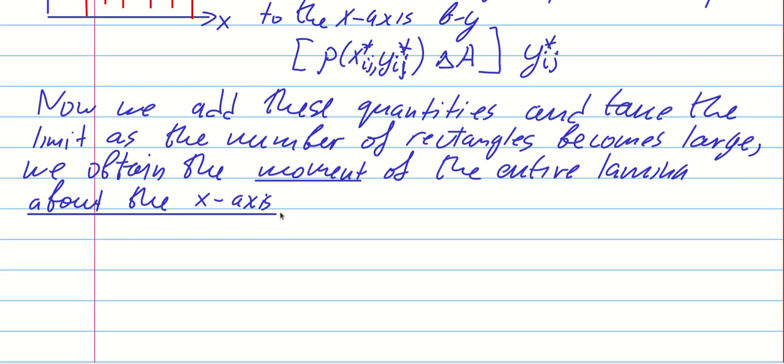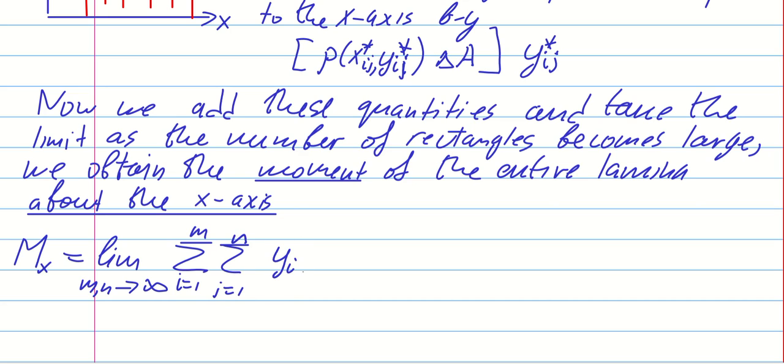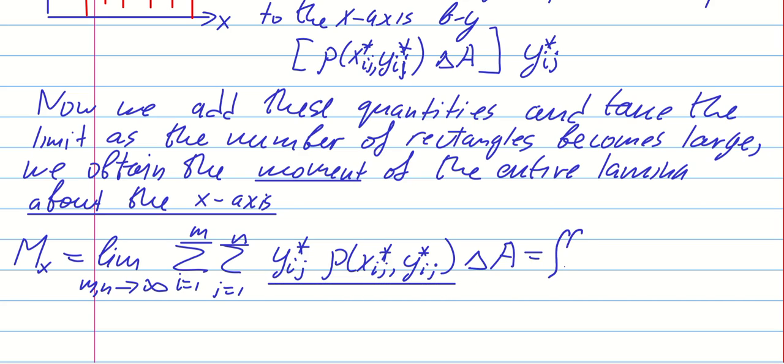So the moment about the x-axis is the limit as m and n go to infinity, so the number of subdivisions, meaning the rectangles get smaller and smaller, of the double sum as i goes from 1 through m and j goes from 1 through n of y sub i j star times rho of x sub i j star, y sub i j star times delta A. But basically this is just the definition of our double integral: the double integral over the region D of y times rho of x y dA.